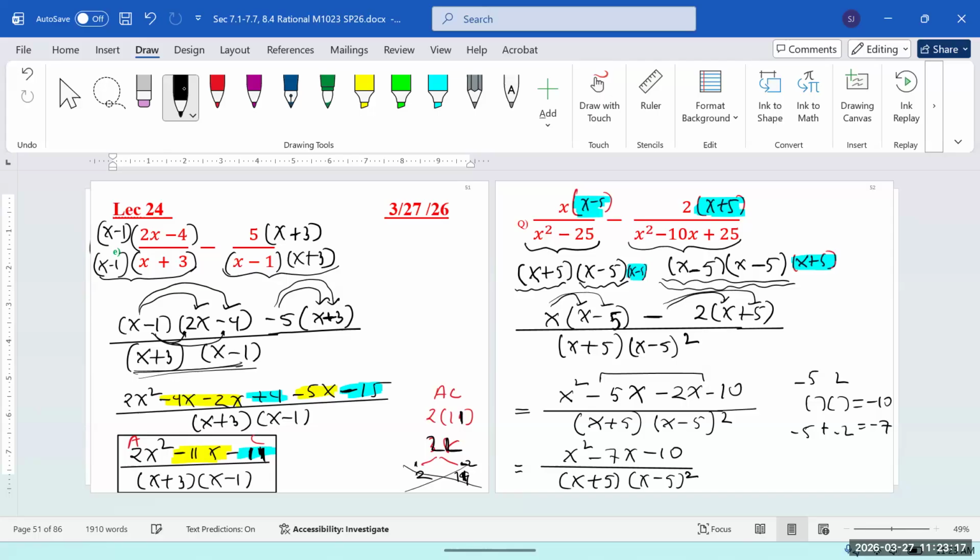Minus. So minus 5 minus 2 is minus 7. Good. But if you multiply minus 5 and minus 2, what are you supposed to get? Positive 10. But which 10 do we have? Negative 10. So it's not factorable. So it's a tricky one. Be careful about the tricky ones in the exam, especially in the final exam.